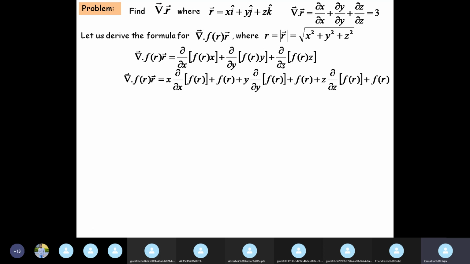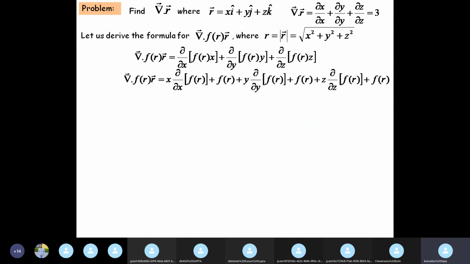I've written down all the steps, but since I'm not working it out on a board, it is sometimes a little difficult to follow. So after I finish this class, you need to see the PowerPoint and work this out on pen and paper by yourself, or if you are sitting with pen and paper, you can work it out right now as I'm showing the steps.